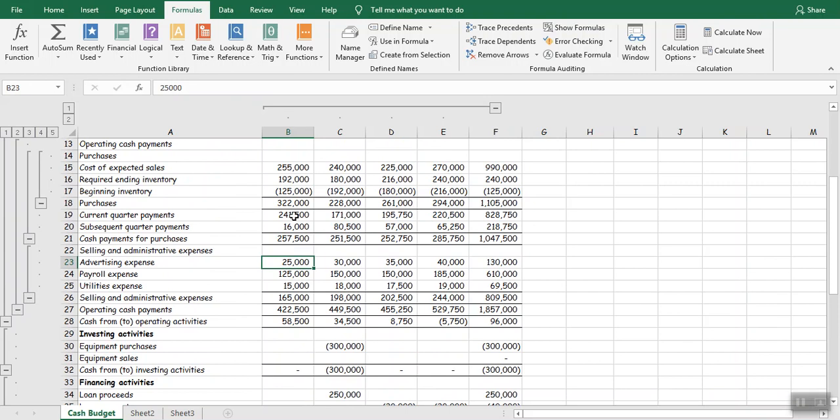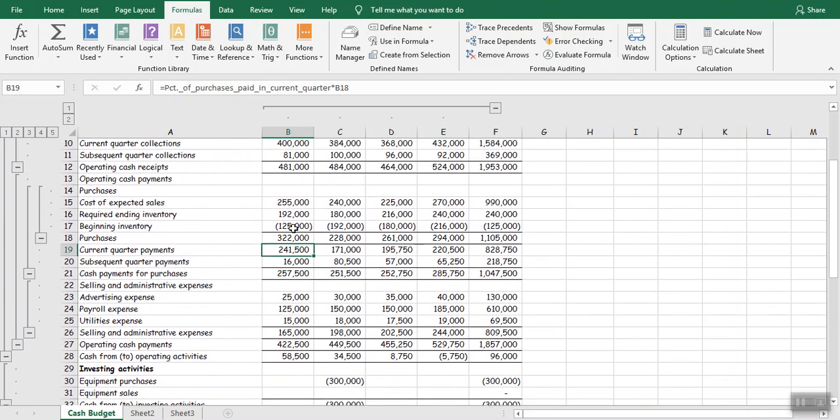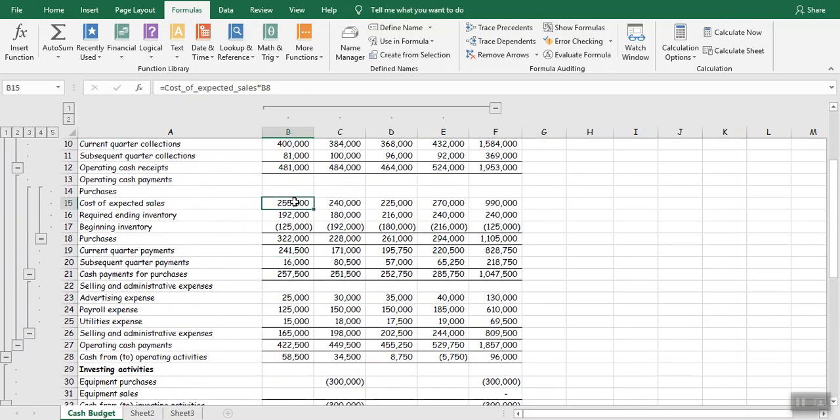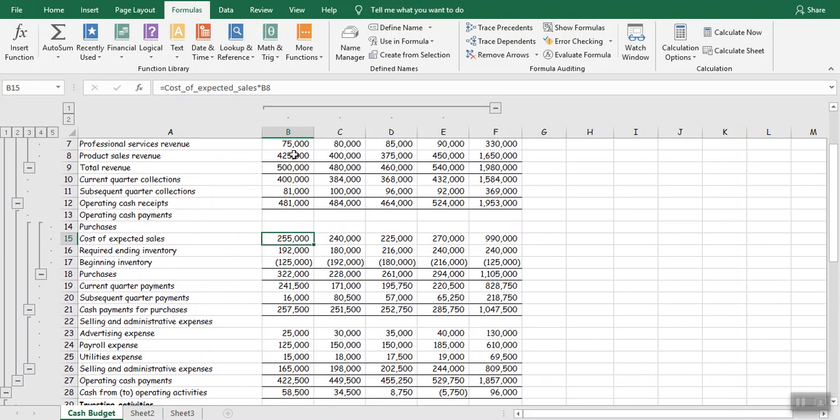So going back here, cost of sales means B8. There's my assumption: we sold this much, and it cost us this much to buy that stuff to put in inventory. B8, if you double click, you can also see where it's coming from.